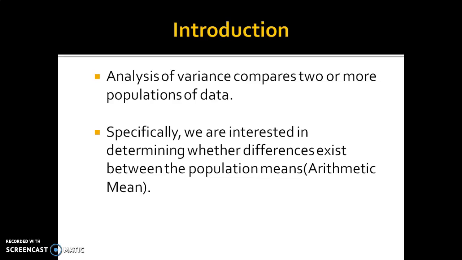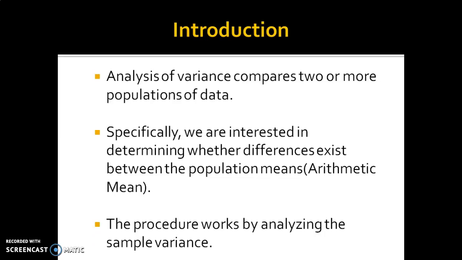If at all the difference exists, we need to find out how large a difference exists between the arithmetic mean of those series. That is done by the method using ANOVA, that is analysis of variance. The procedure works by analyzing the sample variance, whatever series we have drawn from our main population.